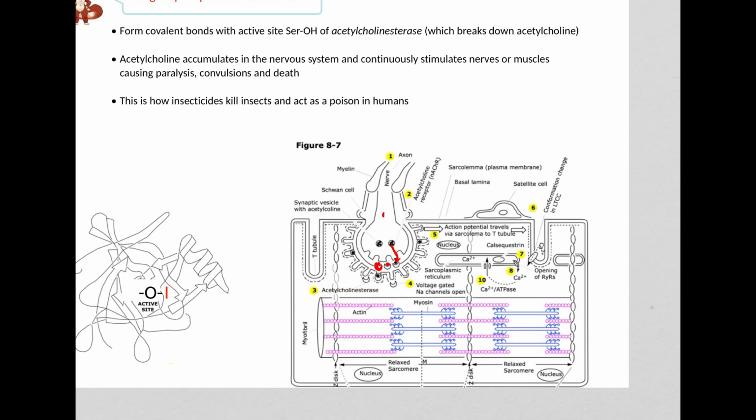When this acetylcholine binds the receptor, that will trigger an action potential. It will trigger a change in the electrical voltage of this muscle membrane, and that is an action potential.